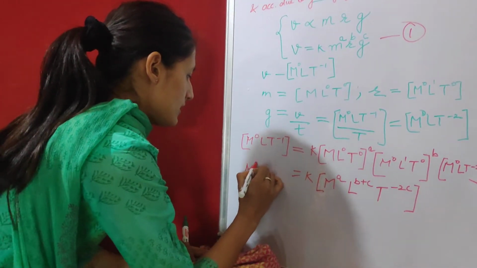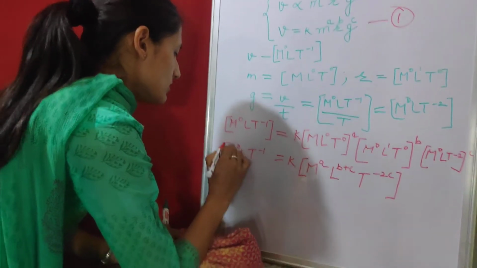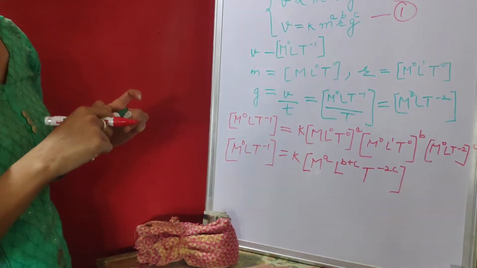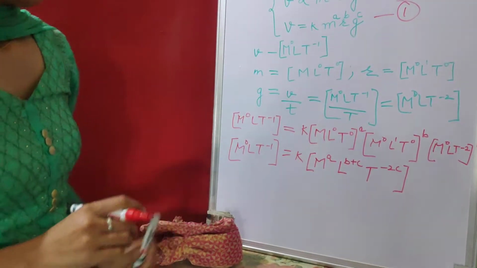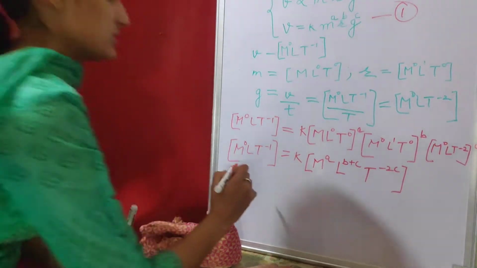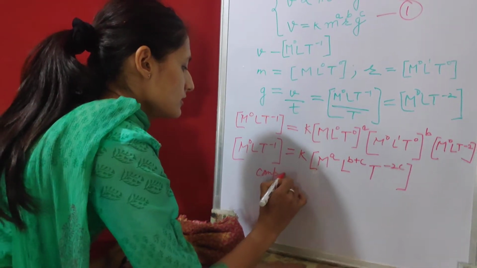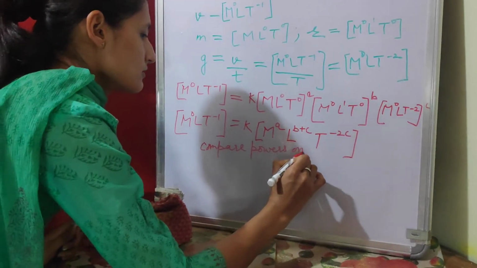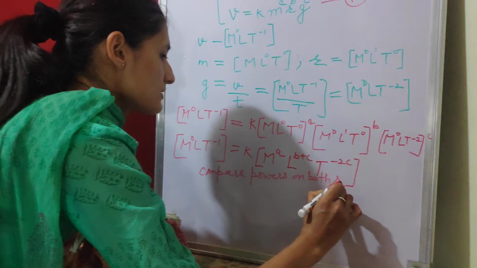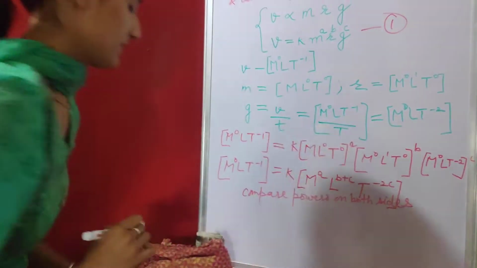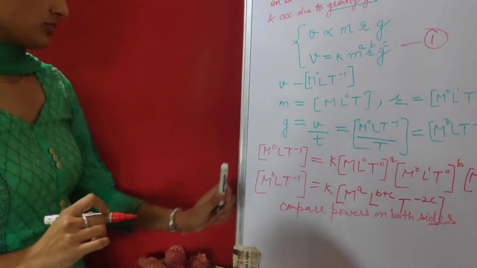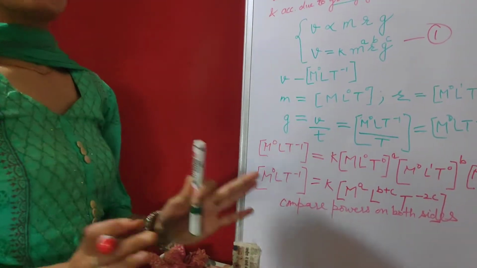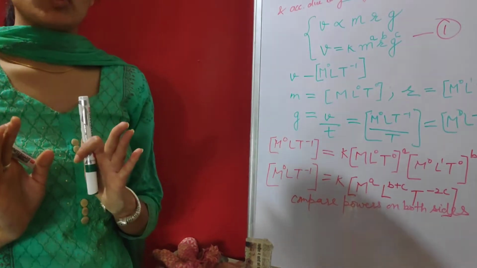Now M0 L T minus 1 is on the left hand side. Now compare the powers on both sides. You will only compare the powers of the same physical quantity.